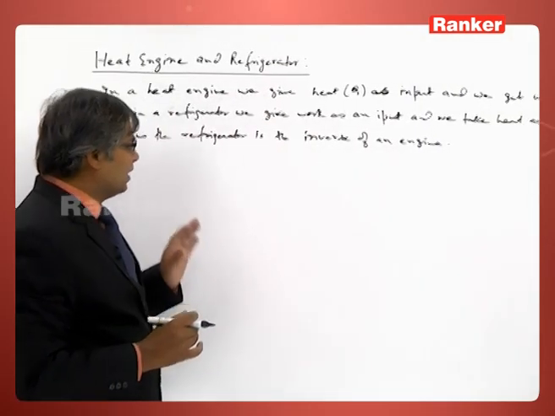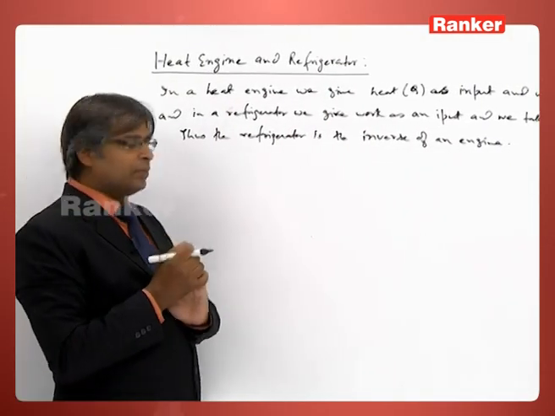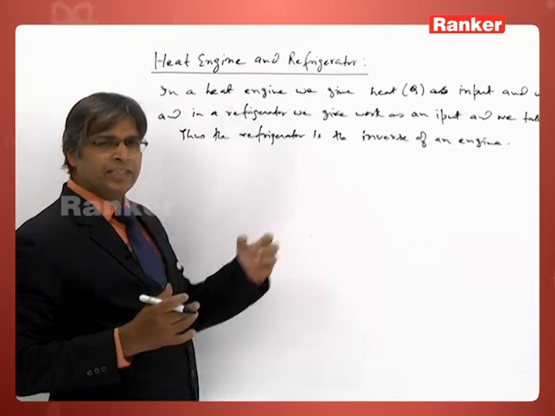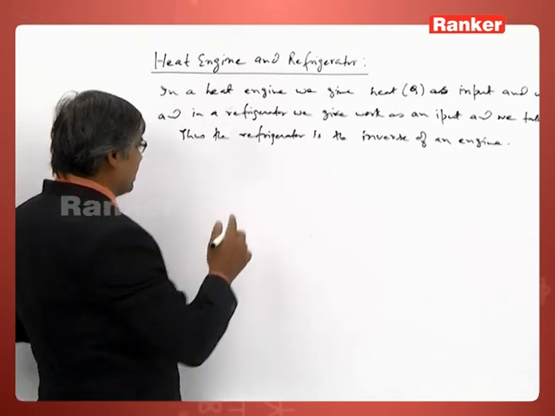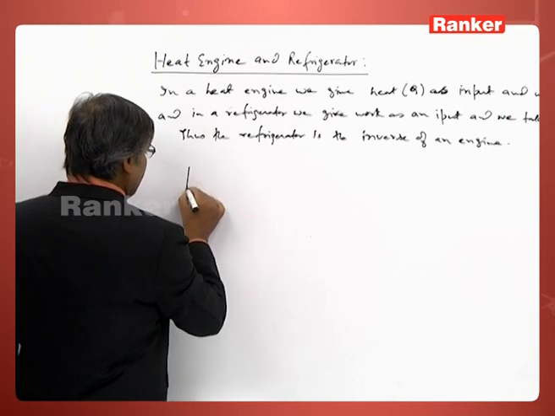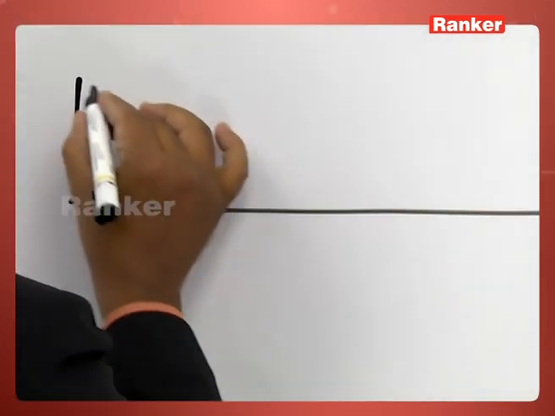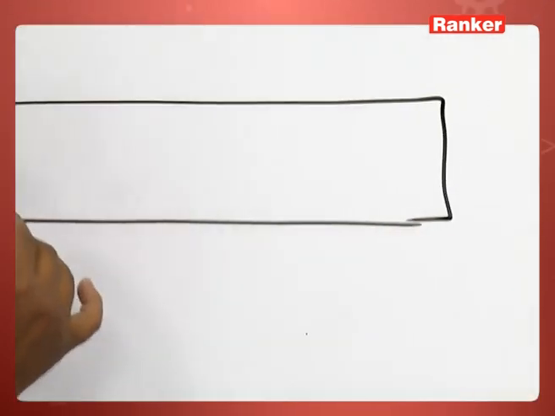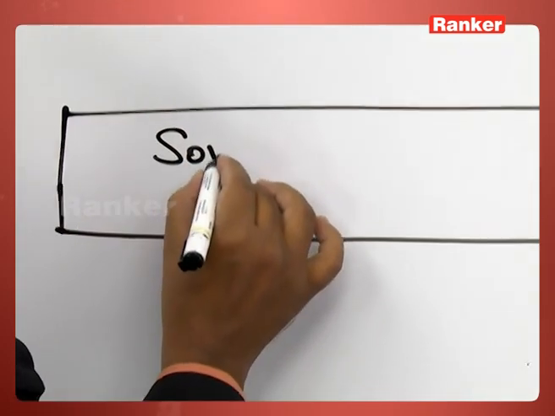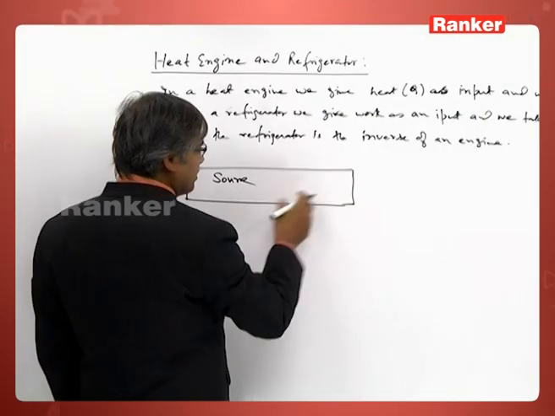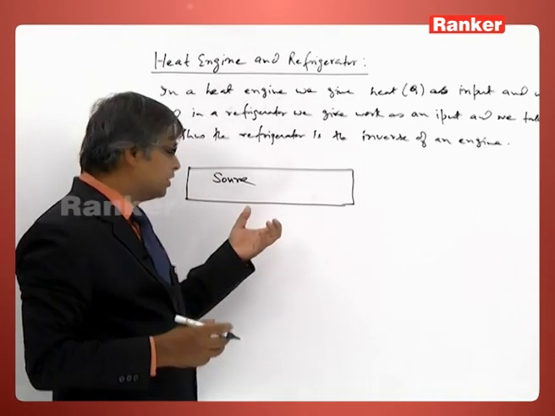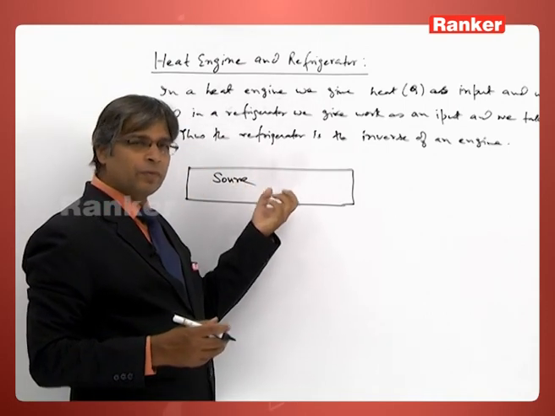So now we will use a schematic diagram to show the energy transactions, energy conversions in an engine. So in an engine there is a source of heat, suppose in an internal combustion engine, the petrol burned provides energy.